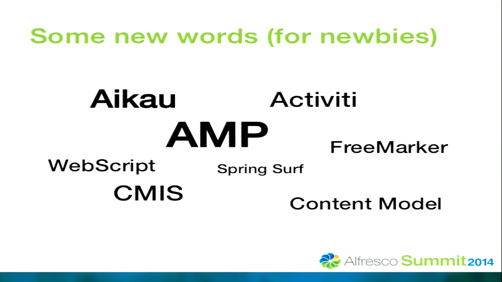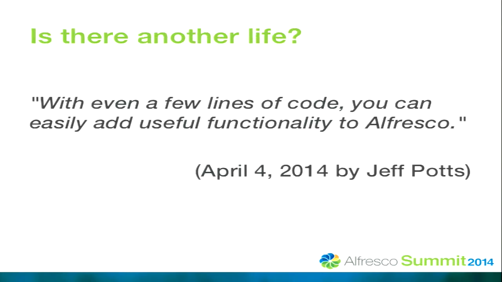We have new words: AMP, ICAO, activity, Spring chart, content model, all new concepts for developers. So we can get all this complex world. We can understand this with less effort because we are lazy, as was shown in the first session.